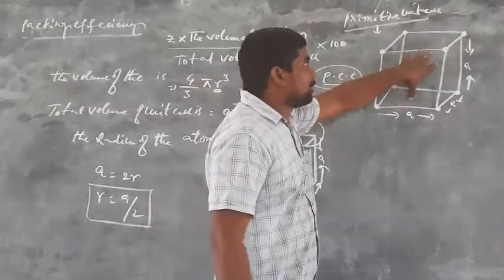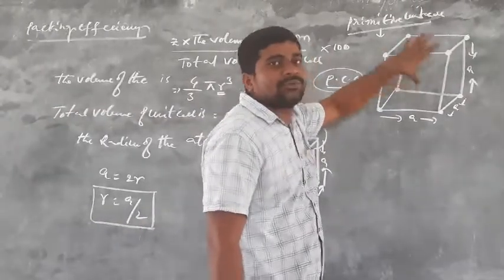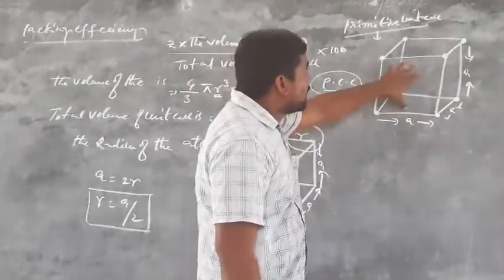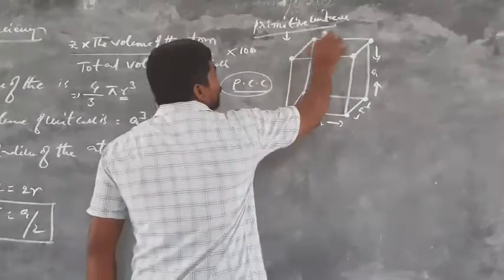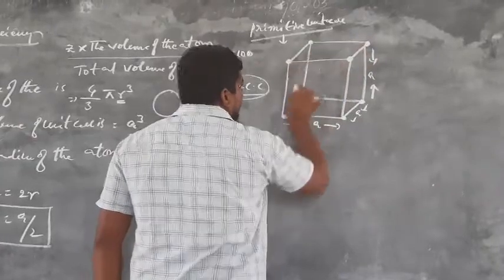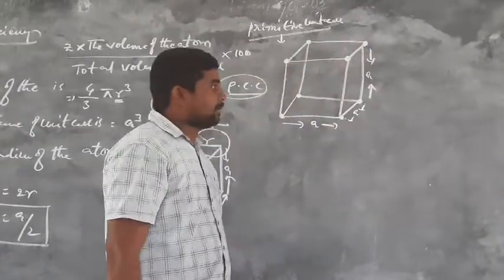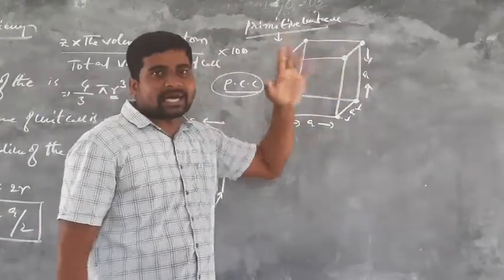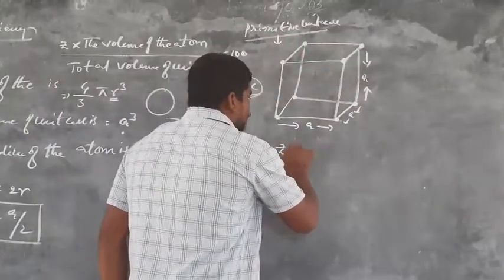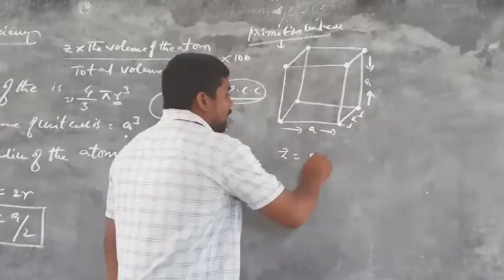How many atoms are present in the primitive unit cell? Only 8 carbon atoms at the corners.